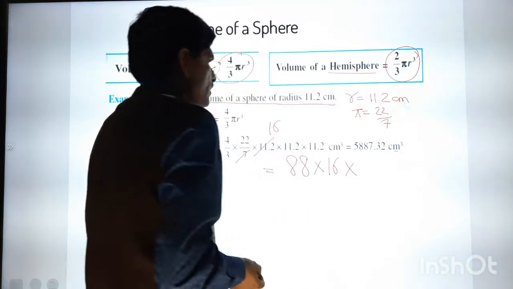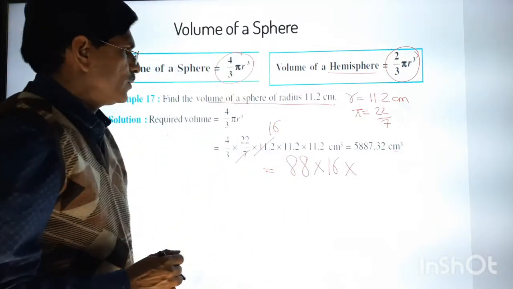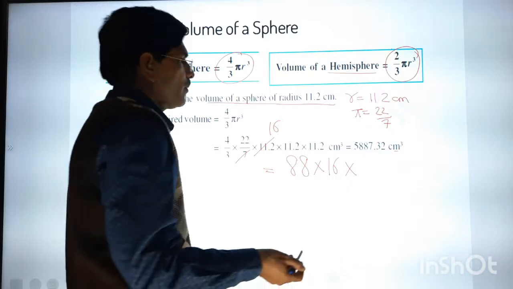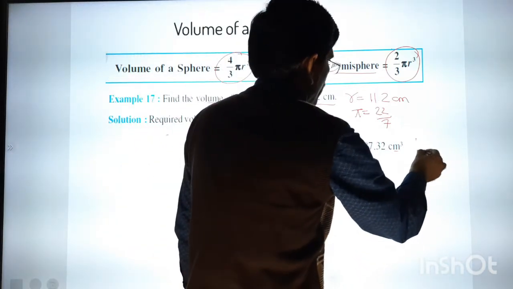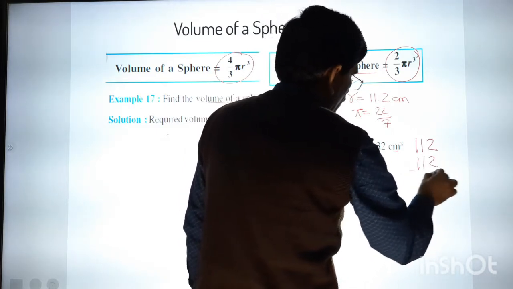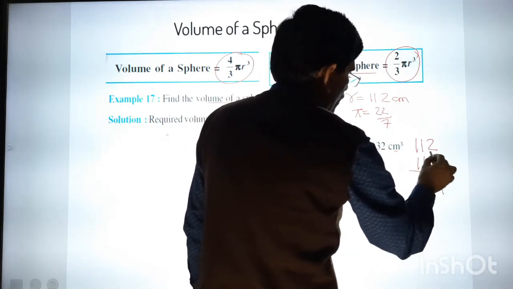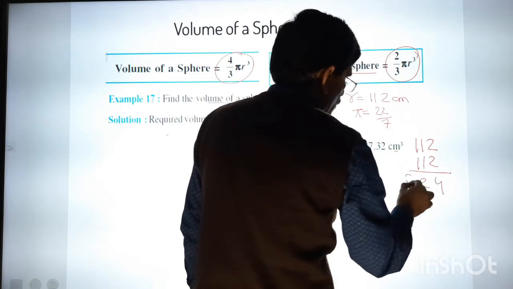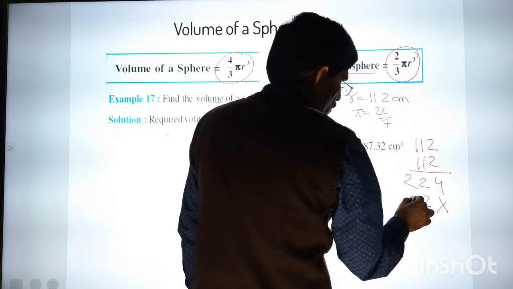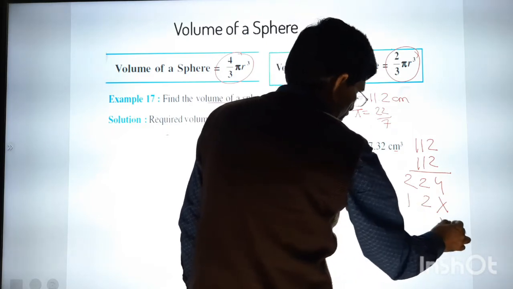Now 11.2, 11.2. I have to make the square of 11.2. So 112 times 112. 2 2s are 4, 2 1s are 2, 2 1s are 2, again 1, 2 1s are 2, 1 1s are 1, 1 1s are 1.